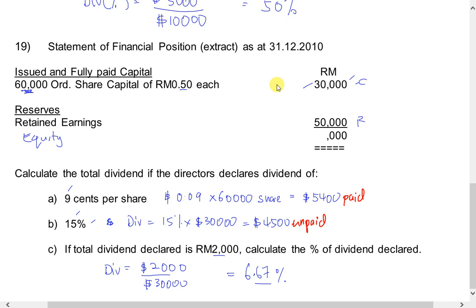Two different examples. If the dividend is paid, debit dividend 5,400, credit bank 5,400. If it's unpaid, debit dividend, credit dividend payable. Okay, so this is for dividend.